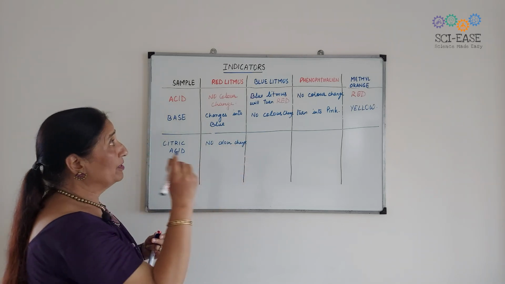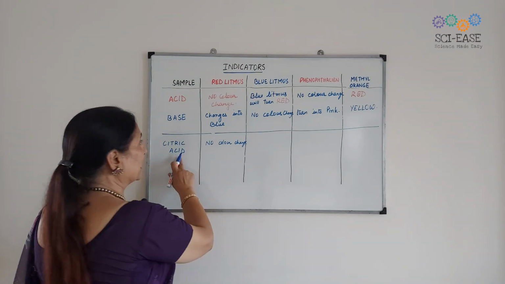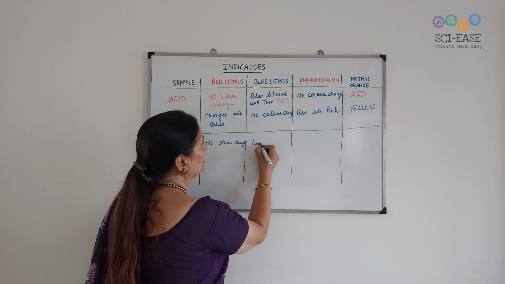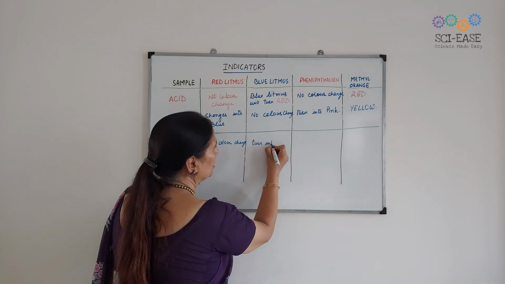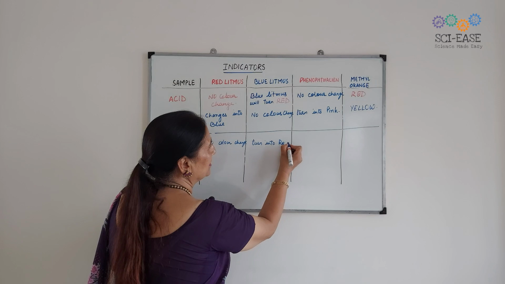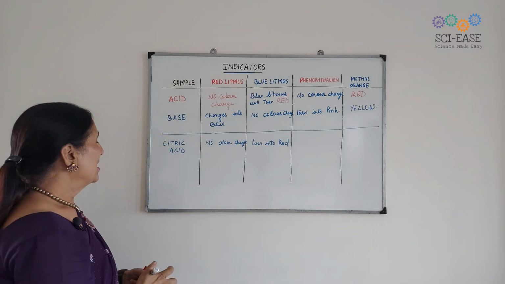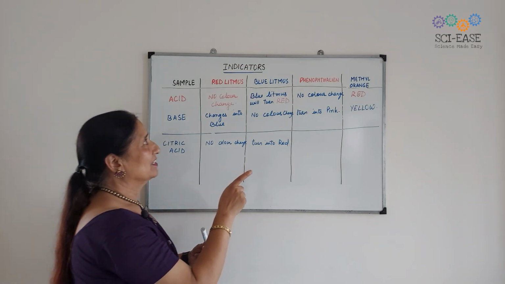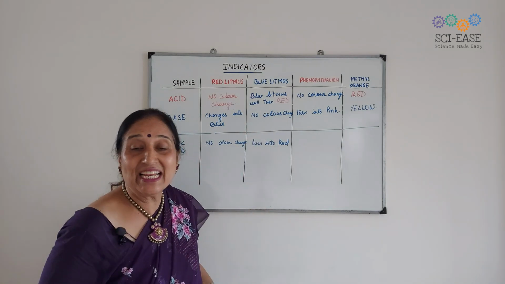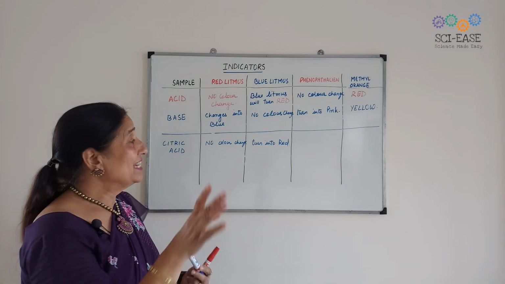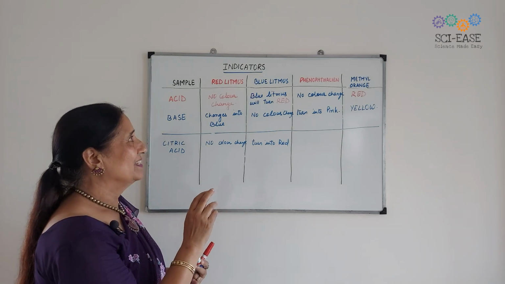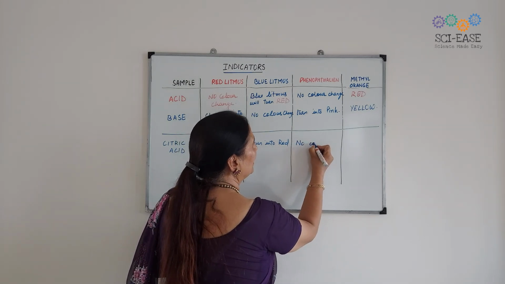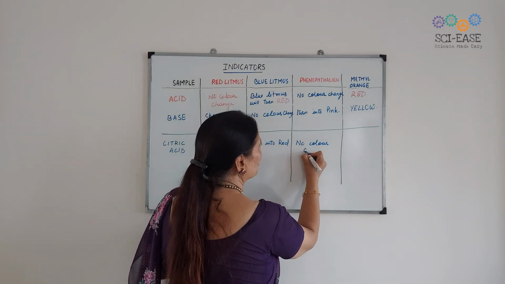Okay? When I will put blue litmus to the citric acid solution, then what will be the result? Turn into red. Okay? When phenolphthalein is added to citric acid, what will be the result? There will be no color change.